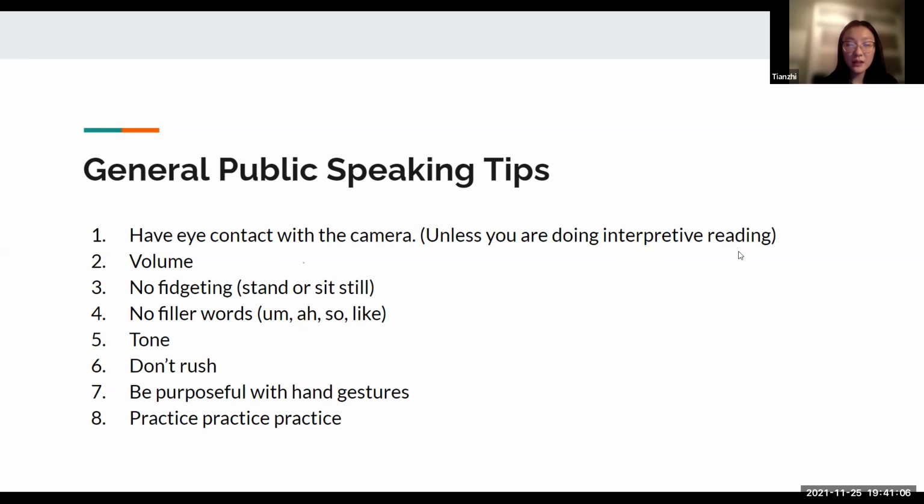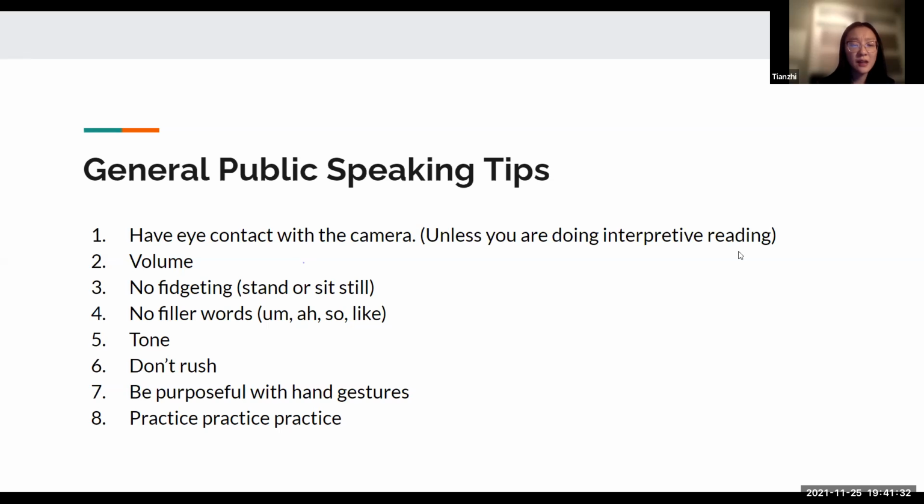Every single time you move your hand in front of the camera, there should be a purpose behind it, and it should try to convey what you're saying better. Some people like to use their hands like this just for the sake of using their hands. And then when they're talking, it just looks very distracting and it doesn't add any meaning to their speech. So be purposeful with how you use your hands during your speech.